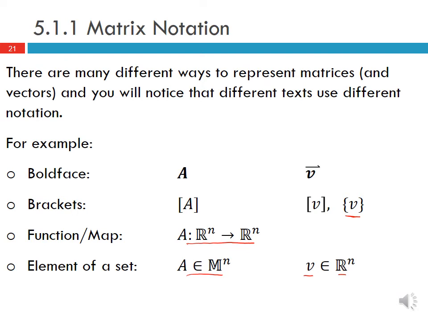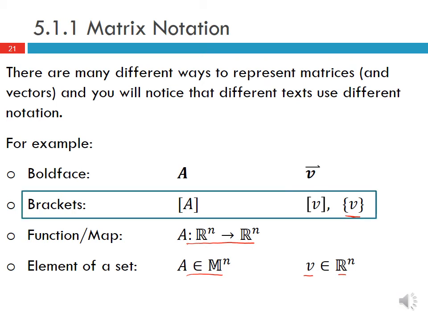So there are lots of different notation styles to describe matrices and vectors, but they are all equivalent. In this course, we're going to use this bracket notation primarily. We do, as you've seen, sometimes use these other function notation and elements-of-a-set notation, but for the most part, we will use the bracket notation to describe our matrices and our vectors.